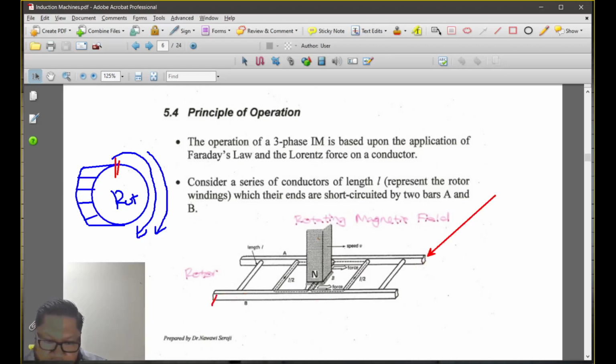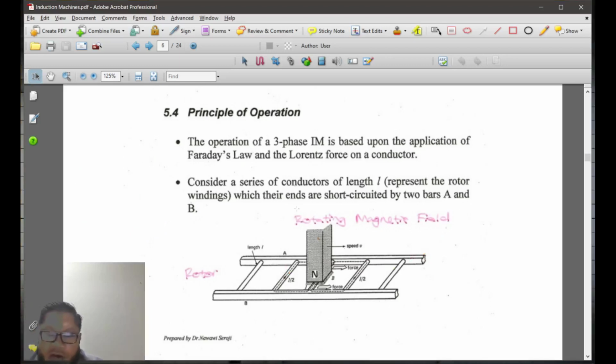If you connect that to that point, it becomes a circle. So now we cut this and lay down the rotor and it becomes the ladder. Both sides are connected to a copper bar, and it's a short circuit.